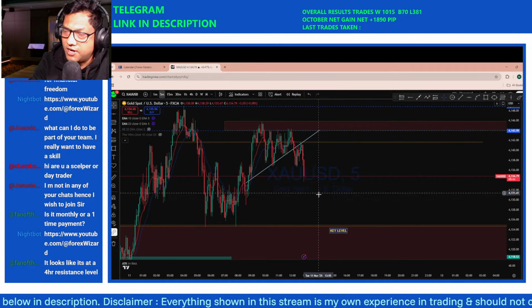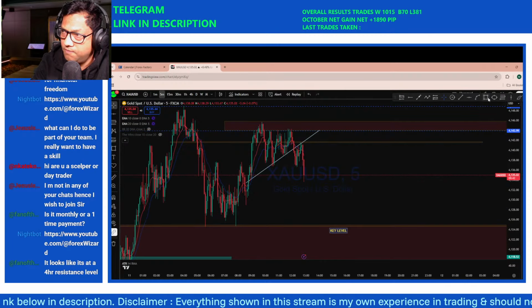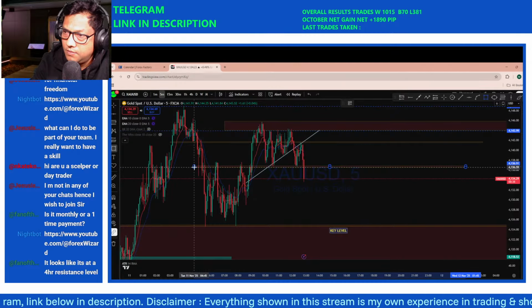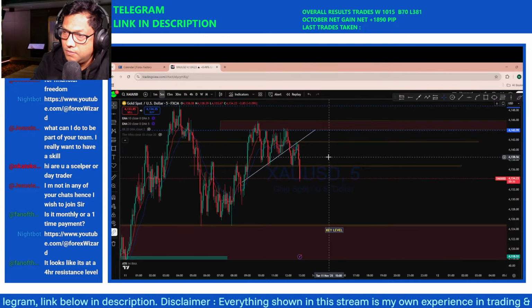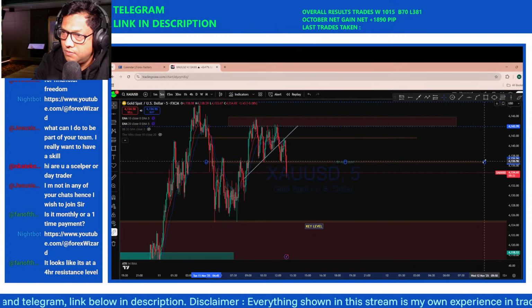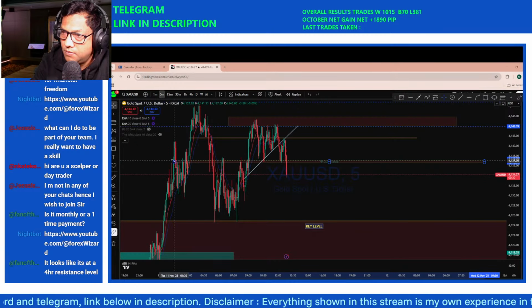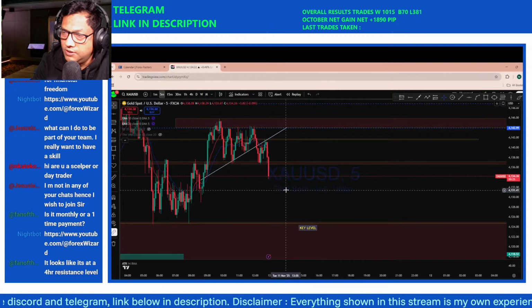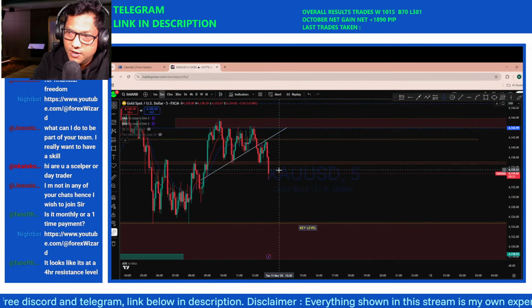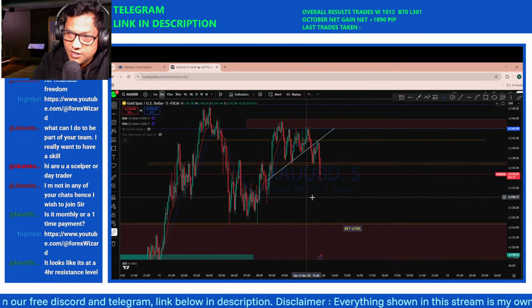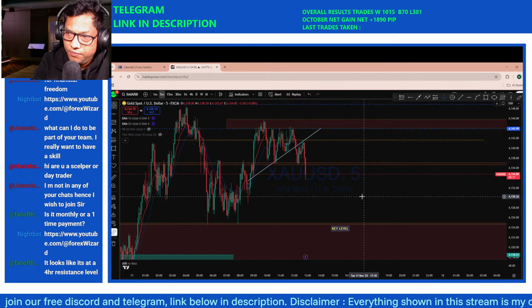Okay, this is where the market is breaking back below here in that area, and it's now below this support and could bring the market back below in that area.